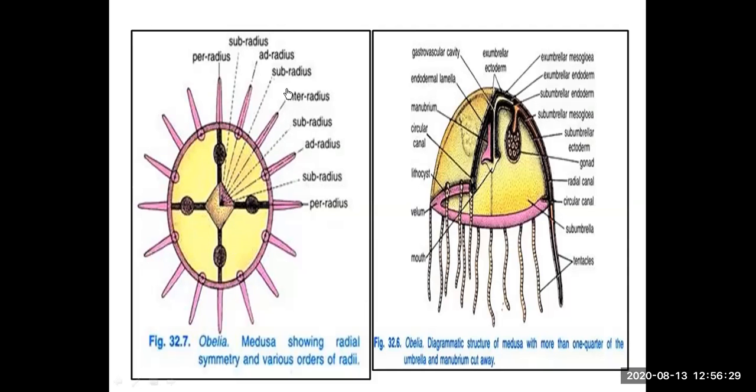So interradius, subradius, interradius tentacles. Perradius means the middle edge of the medusa. Subradius means the side near the perradius. So interradius is in the middle of the triangle shape. So interradius tentacles.